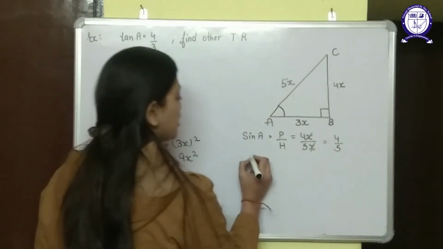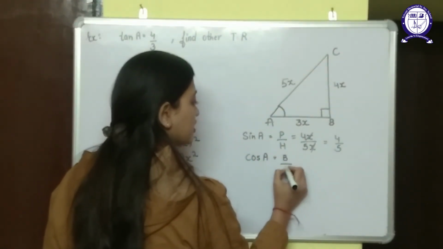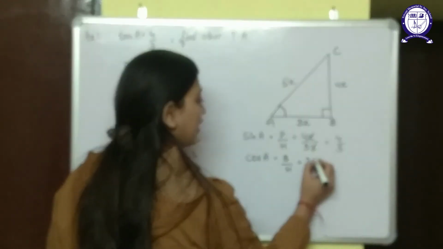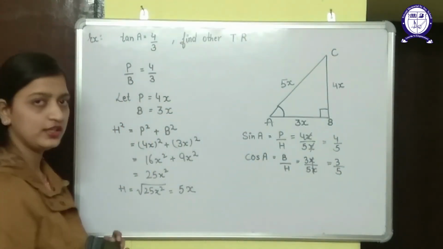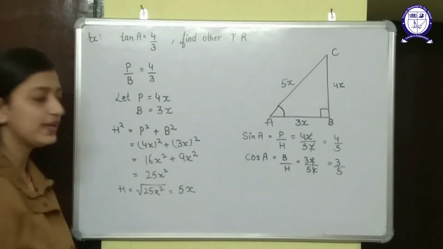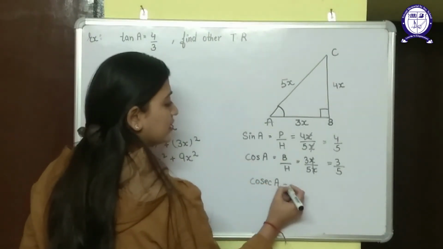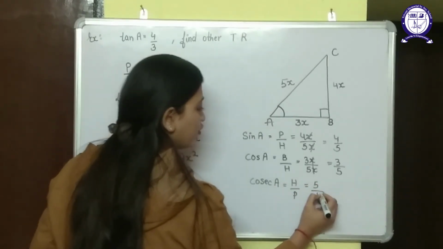Now the next ratio is cos A. This is B upon H, that is 3x upon 5x. Again, this is 3 upon 5. Now similarly, I can find the other three ratios. We don't need to find tan A because tan A is already given. So then we will say cosec A. This is H by P, that is 5 upon 4.